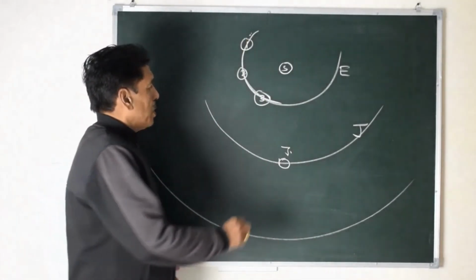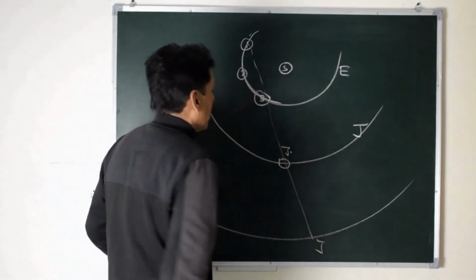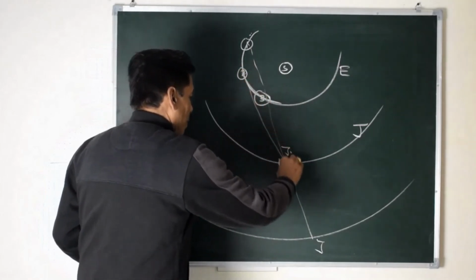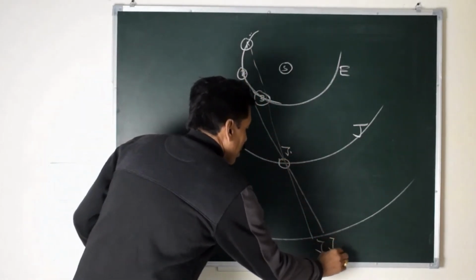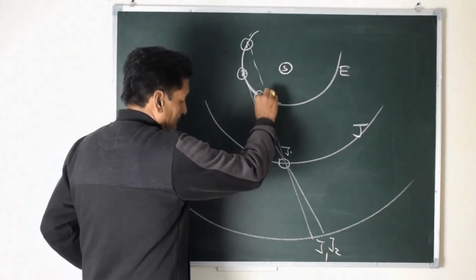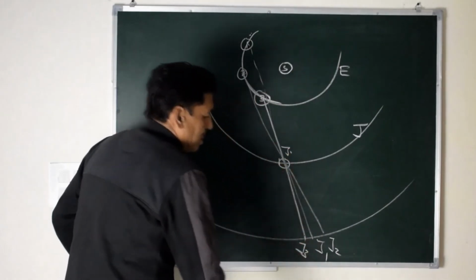When the Earth is over here, Jupiter will be seen over here on the celestial sphere. When the Earth comes here, Jupiter will be seen at J2, and when the Earth comes here, Jupiter will be seen at J3.